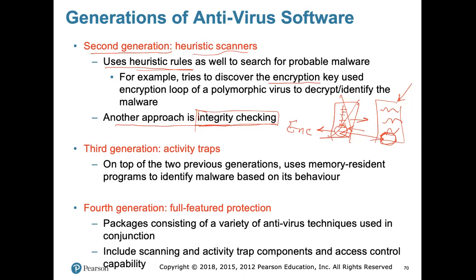The third generation of the antiviruses, on top of the first two approaches, also looks at the behavior of the whole system. They are memory resident programs, which means this type of antivirus is something similar to an operating system, executed in parallel with the operating system, and they look at the system's behavior.